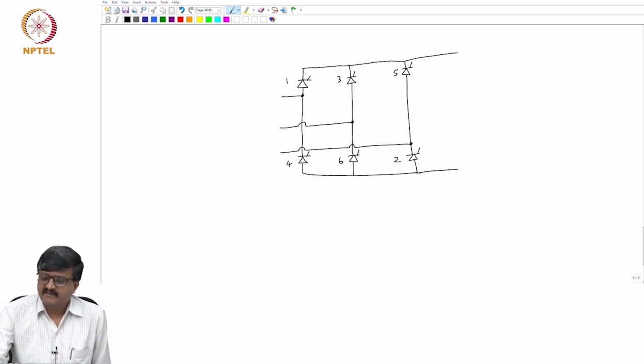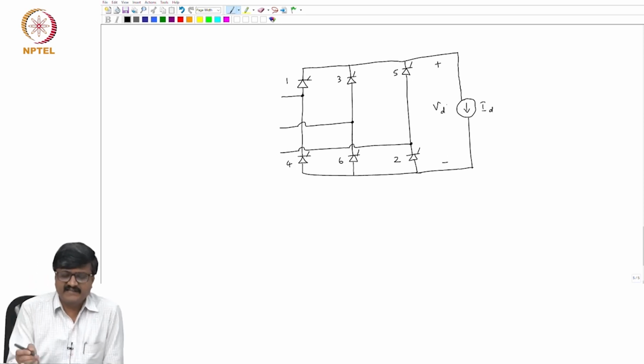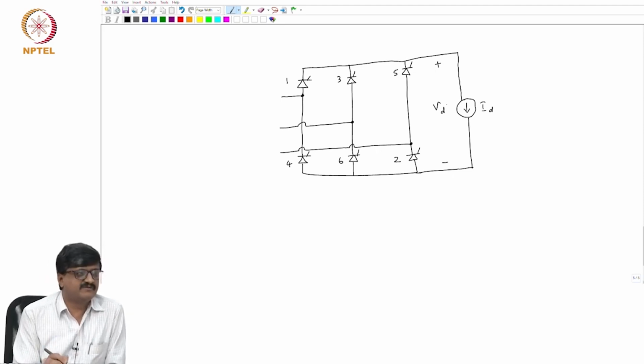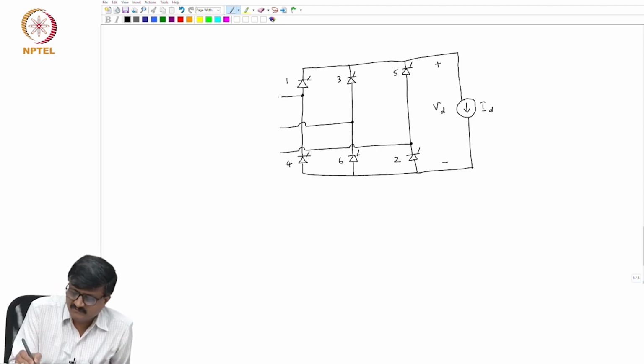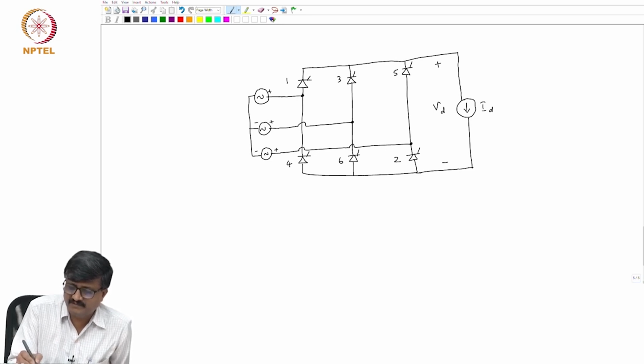The DC side is represented by a constant current source ID. The voltage across the DC side terminals is VD. The AC side is represented by just a balanced 3-phase sinusoidal voltage source, EA, EB, EC.